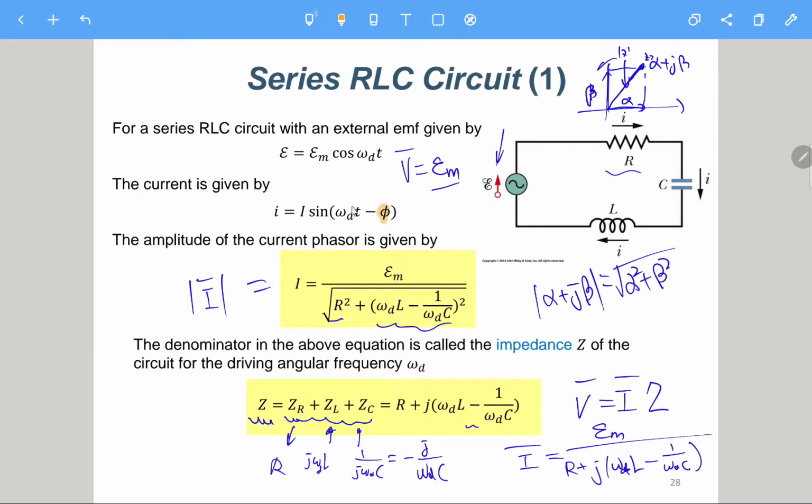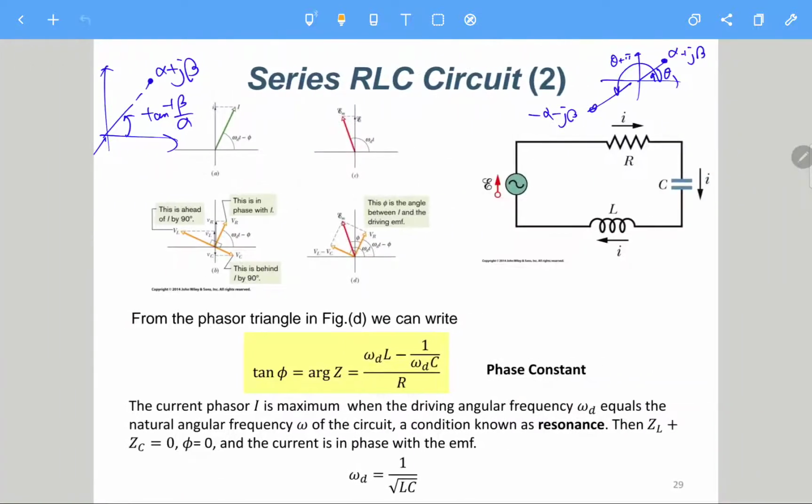We also need to know the phase between this current and the voltage. It is not 0 or 90 degrees anymore, as we have the LC in series. So we need to determine the phase difference between the voltage and the current.